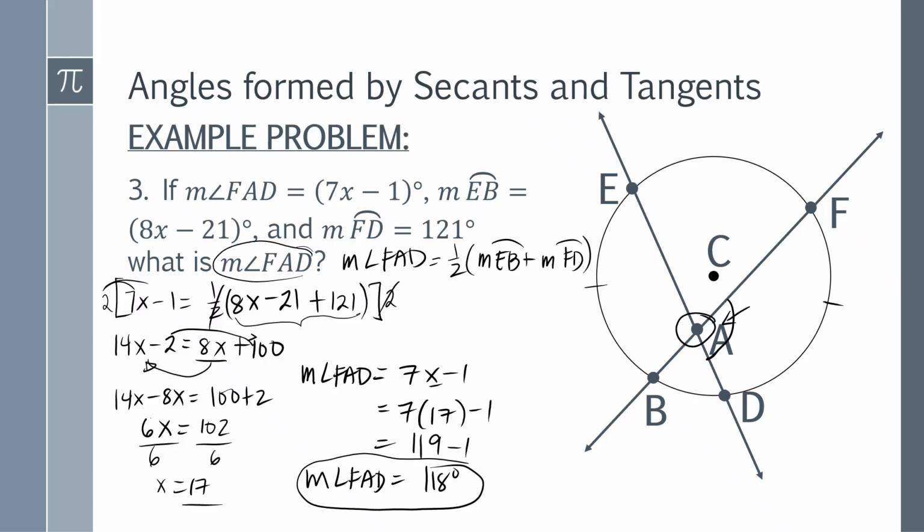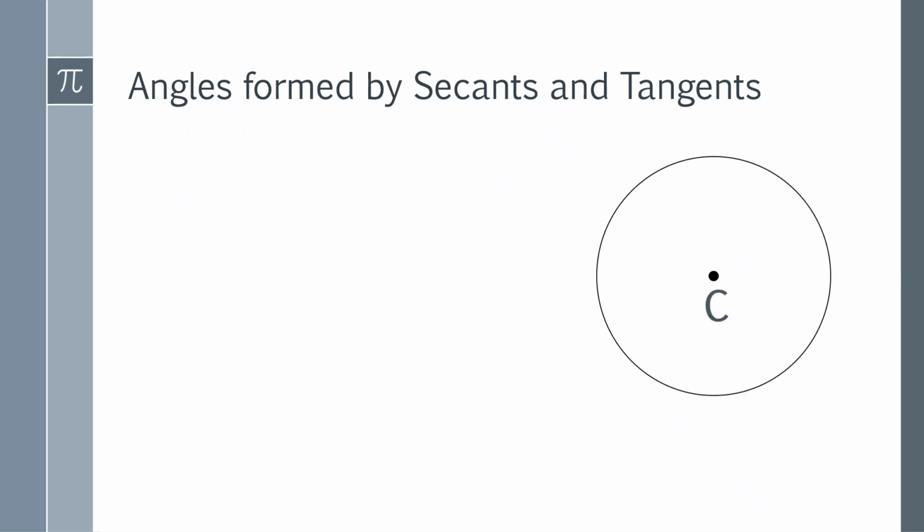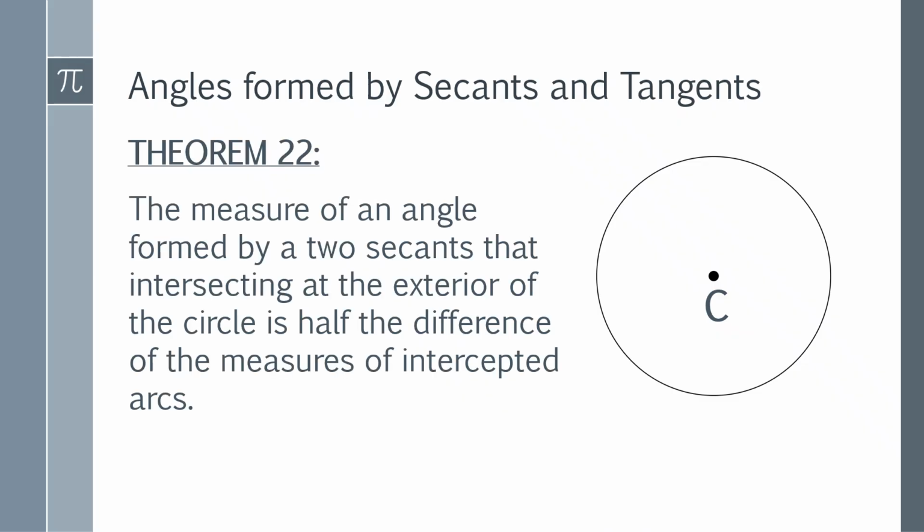Okay? So next theorem. I think this is the last theorem. Our last theorem for this topic is this one. Theorem number 22. The measure of an angle formed by two secants intersecting at the exterior of the circle is half the difference of the measures of the intercepted arcs.